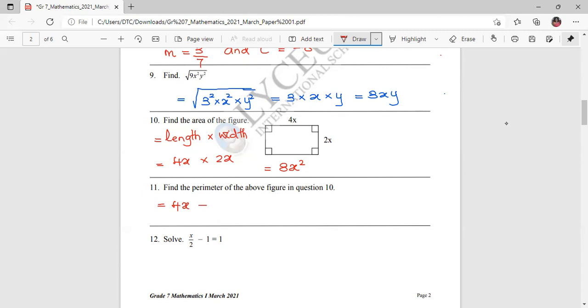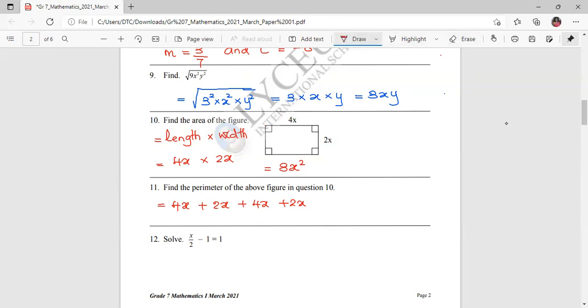4x, then you meet 2x value, then again you meet 4x value, then again 2x value, right? So you move from this corner, then you come here, then to this side and to this side, again you come back to this point. So then 4x, 2x, 4x, 2x. You add everything together to find the perimeter value.